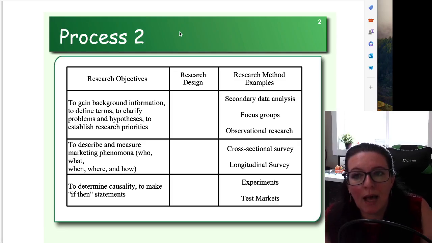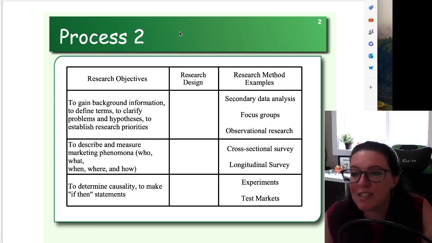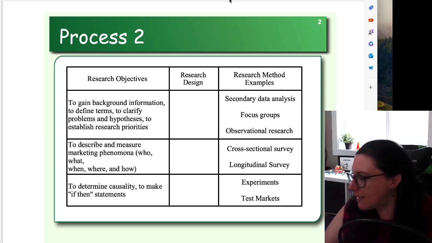So as we're looking at more of that causality, we didn't discuss experimentation in our previous research design videos. And so we want to cover designing experiments as we are looking at gathering data for our analysis.